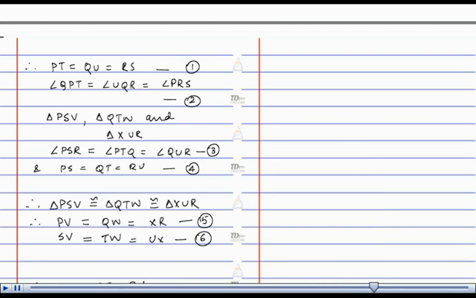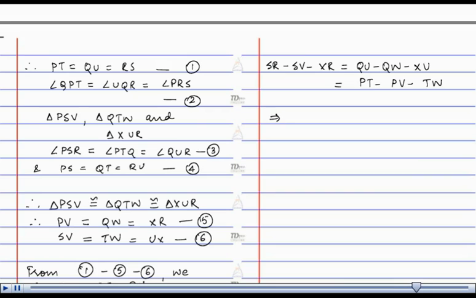Now, from 1 minus 5 minus 6, we get SR minus SV minus XR is equal to QU minus QW minus XU is equal to PT minus PV minus TW.